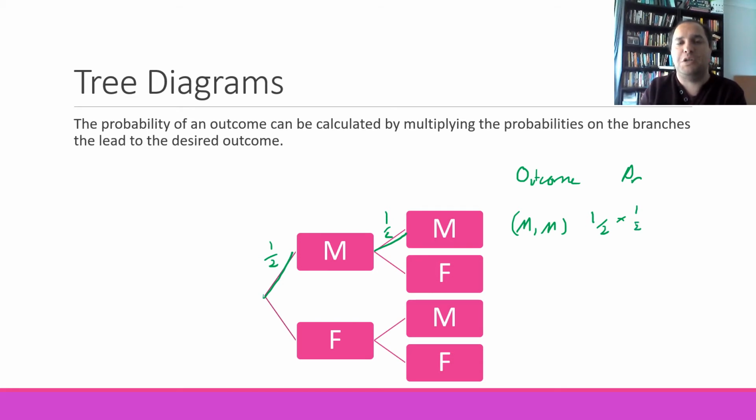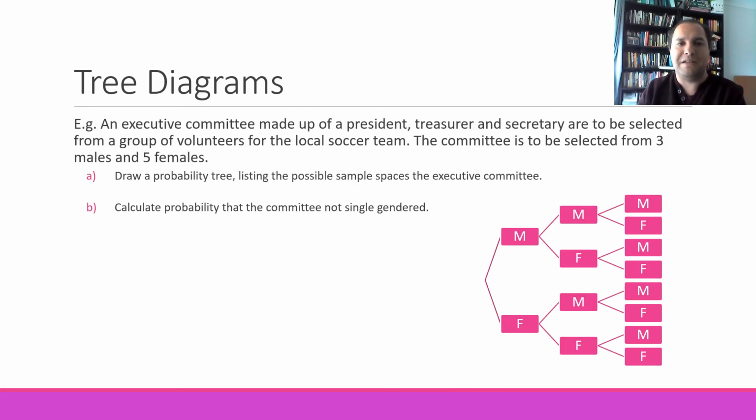And that was the conditional probability formula we saw back in our recall section. So working along our branches and multiplying those together, the probability of getting M and M is 1 in 4.